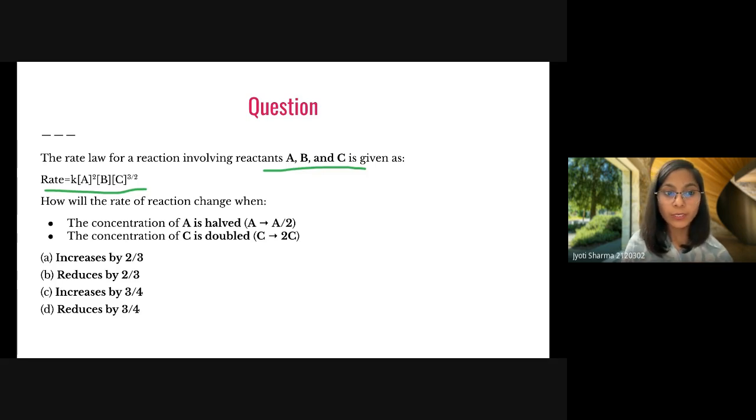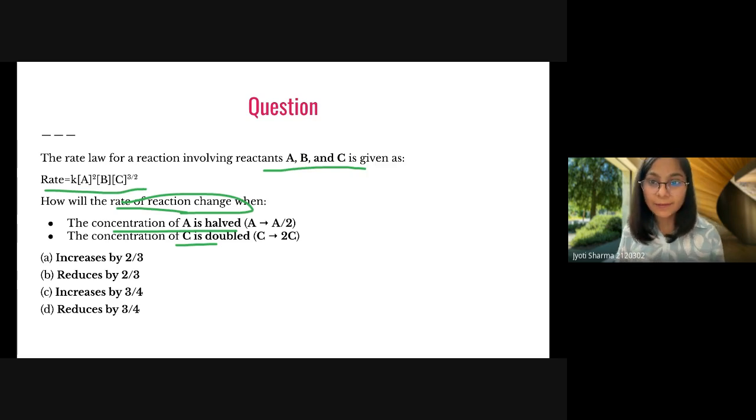Then we need to calculate how the rate of reaction changes when the concentration of A is halved, so A by 2, and the concentration of C is doubled, so C will be 2C. The options are: increase by 2 by 3, reduce by 2 by 3, increase by 3 by 4, reduce by 3 by 4. What do you think? What should be the answer for this?